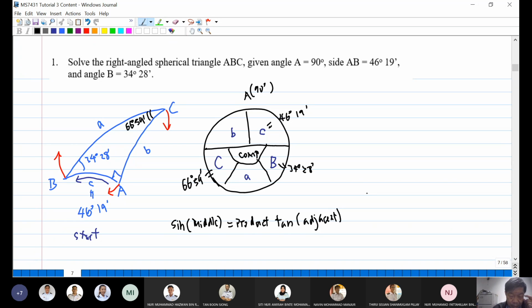So I'm going to use the middle part A now, because this is exactly what I have. Middle part, side A, and then I use a green color usually for adjacent.